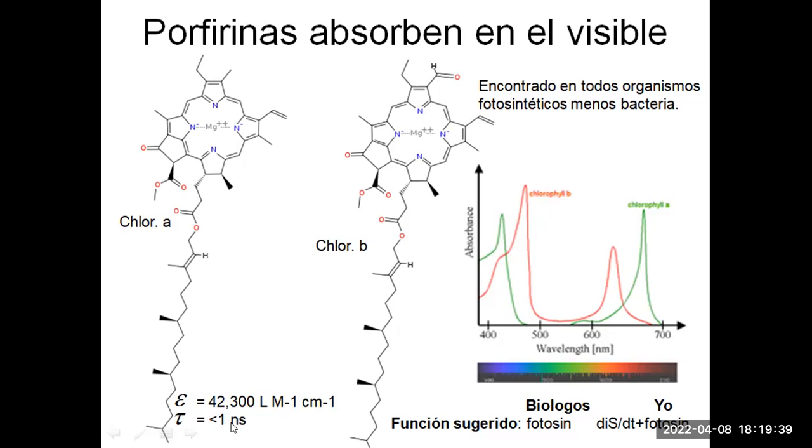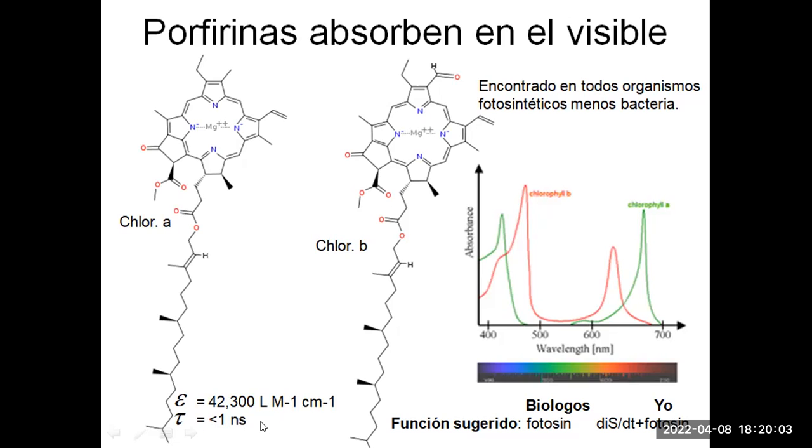And these are absorbing very strongly. And they have a lifetime of about 1 nanosecond. So this lifetime is important because once you absorb a photon, it goes to the excited state. And it depends how long it takes to go back to the ground state to be able to absorb another photon. If it's in the electronic excited state, it can no longer absorb photons.